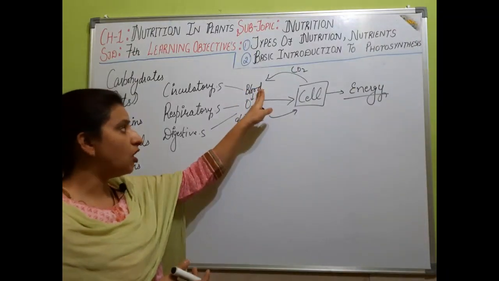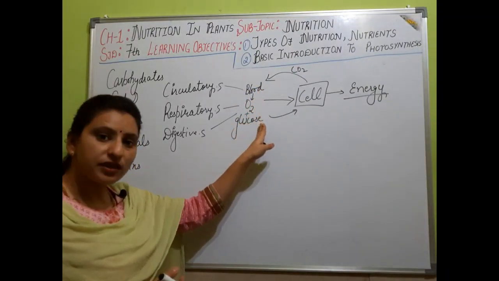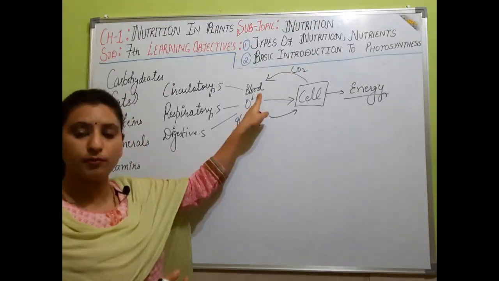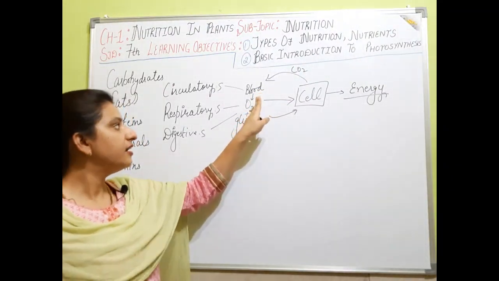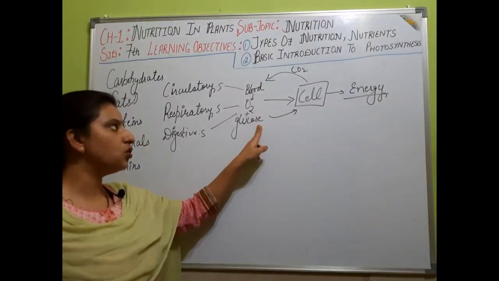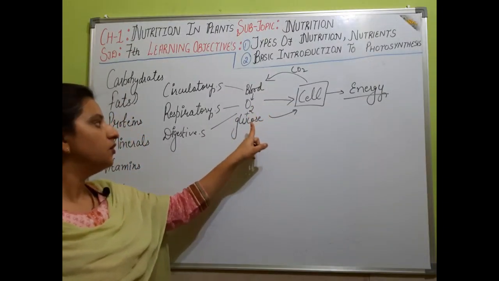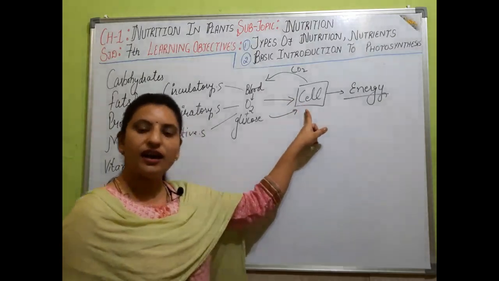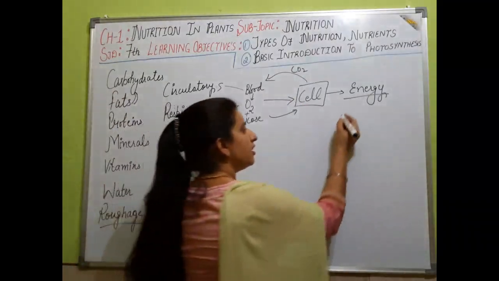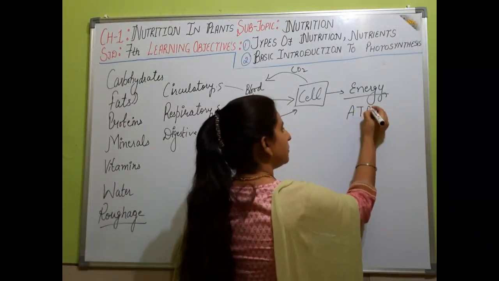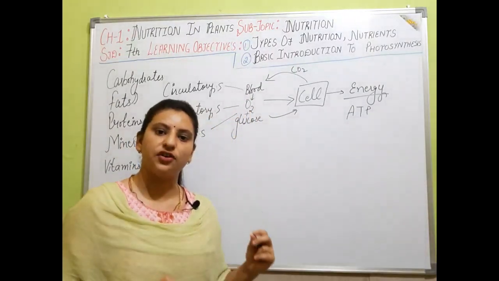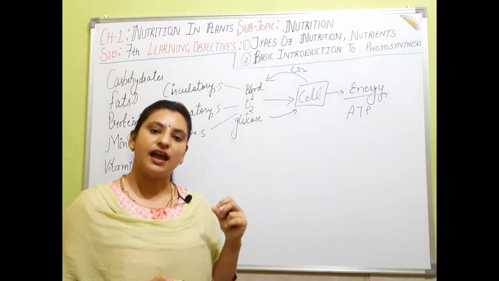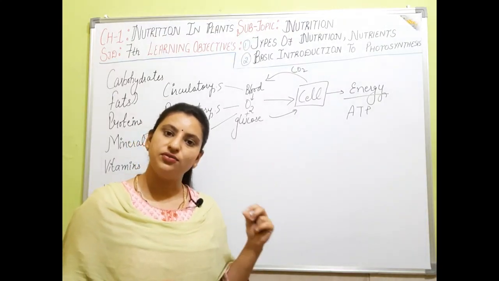One component, blood, is the only one present in fluid form in our body, and it carries oxygen and glucose along with it. These are given to the cell, and the cell releases energy in the form of ATP. The full form of ATP is adenosine triphosphate. I repeat again, adenosine triphosphate.